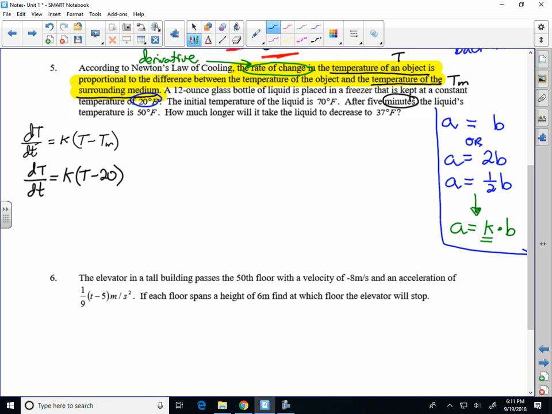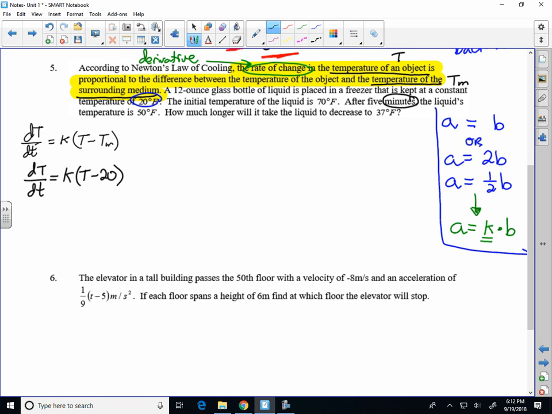All right, so at this point, we want to work in general terms, because everything they're talking about after they mention the constant temperature is relating temperature and time, not change in temperature. So I don't have a relationship between strictly temperature and time here because I have that dt in there.